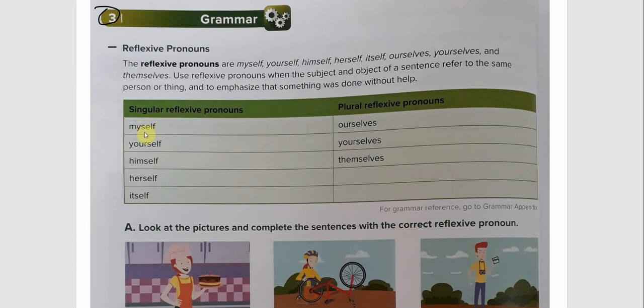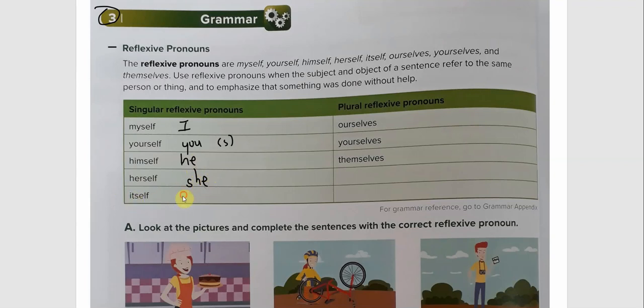So this is myself, and it is for the subject I. Yourself is the subject you, but it is singular. Himself is for he. Herself is, all right, she.